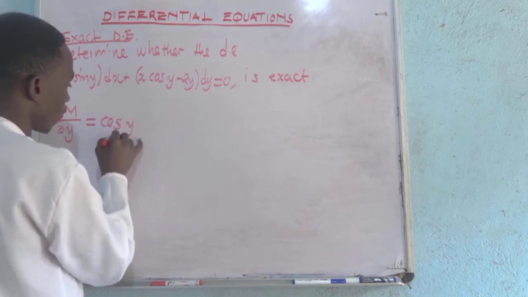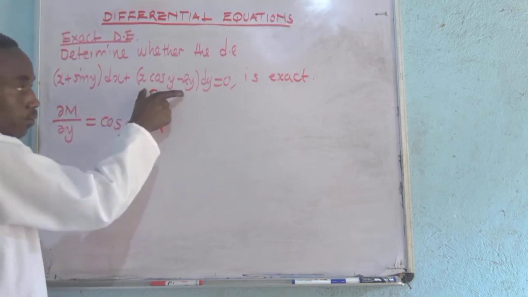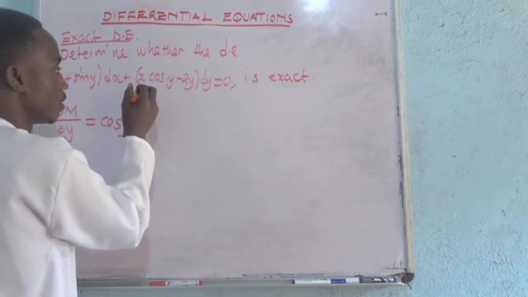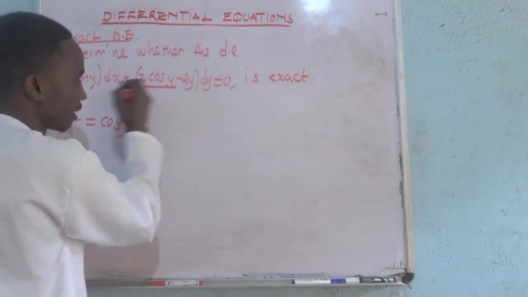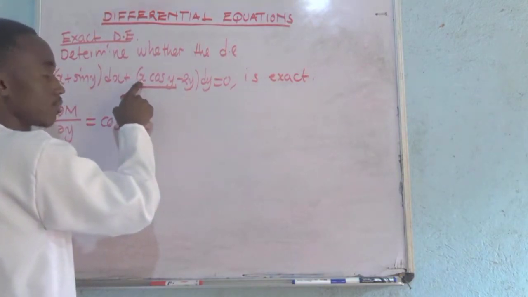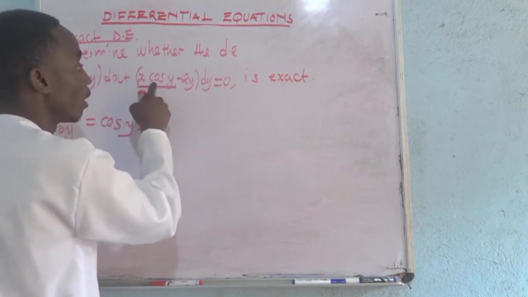Now, is this equal to when you differentiate this one with respect to x? So differentiating this one with respect to x, only concentrate on this part here, such that your interest is on x. So differentiate x. Differentiating x as it is, it will just be a 1 times what you have here.